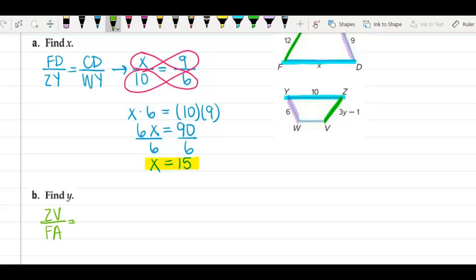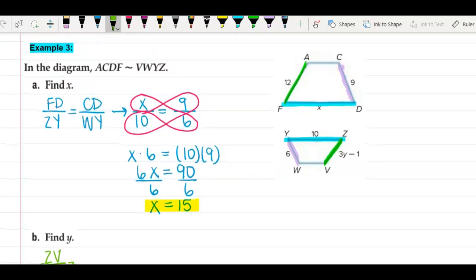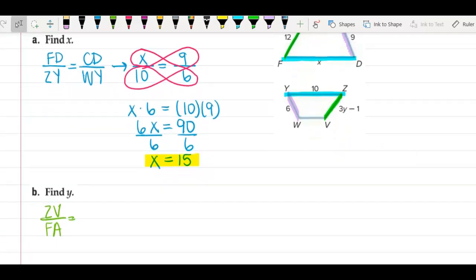Again, I need a second side to my proportion in order to solve, and we can always just refer back to the purple ones because those ones we knew had numbers. So let's use our CD over WY again. And then from here, we are just going to plug everything in.